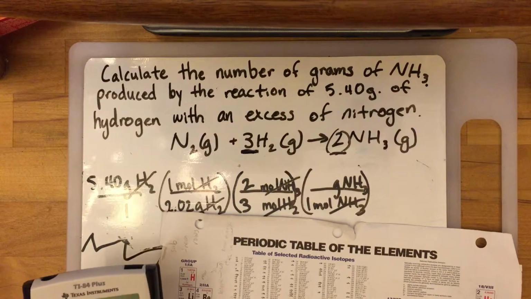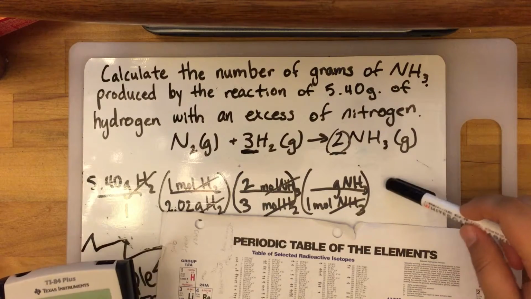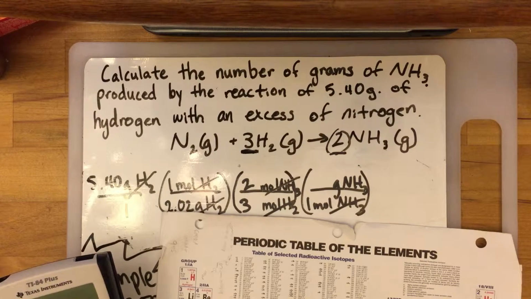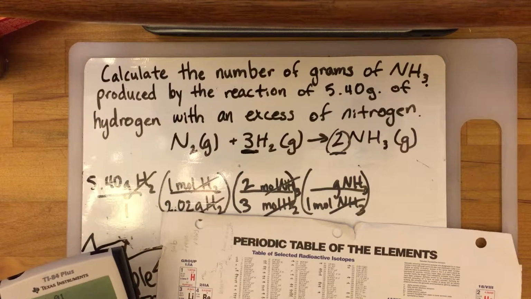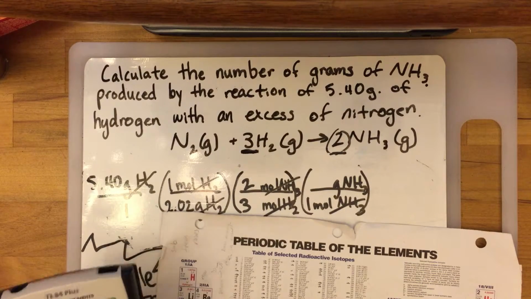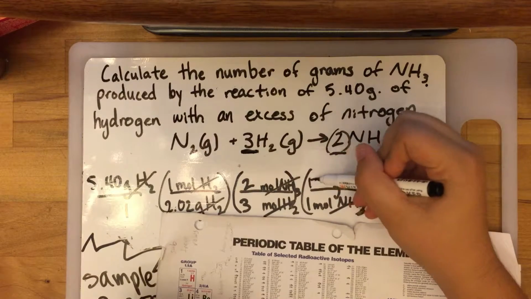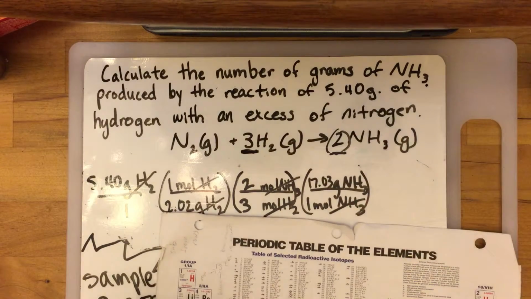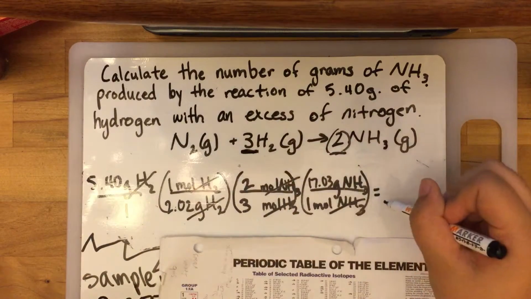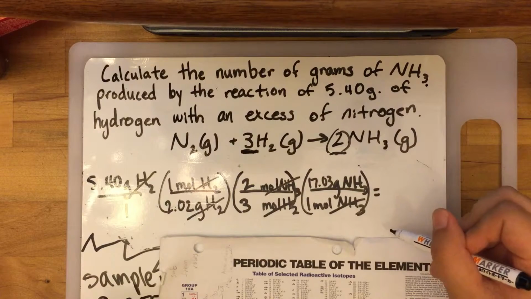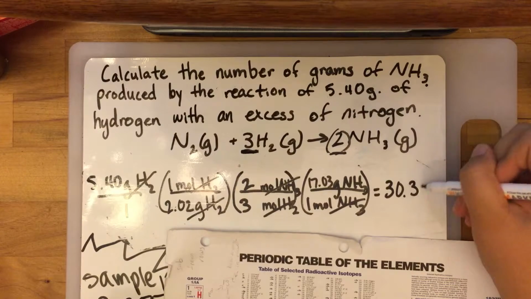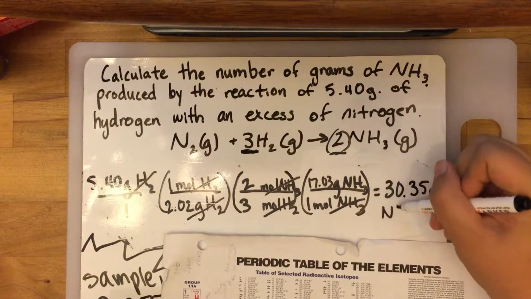And now you have to add that to the grams of hydrogen. This is H3, and we know hydrogen over here is 1.01 times 3 because of the 3 here. And so it's about 17.0 grams. And now we just have to multiply everything on the top by everything on the bottom. And when we do that, the answer comes out to 30.35 grams of NH3.